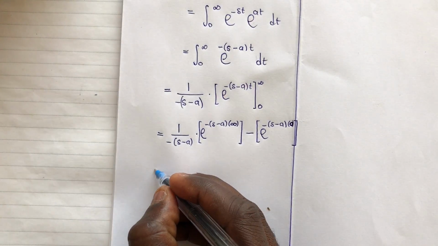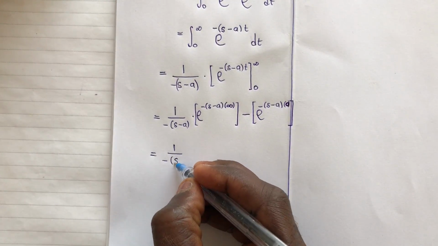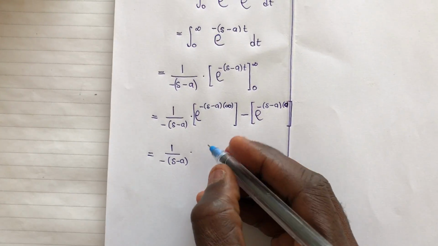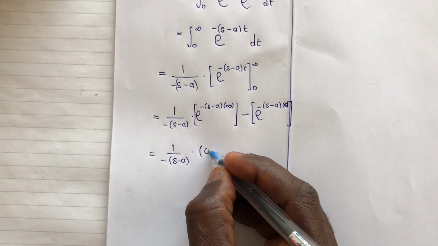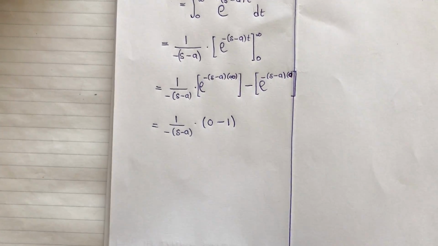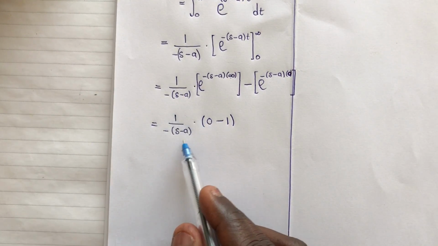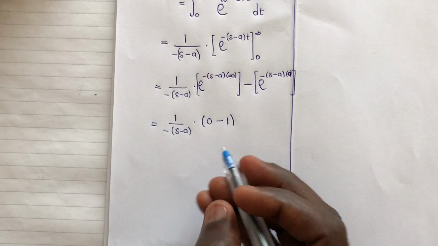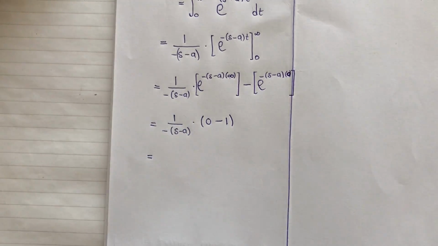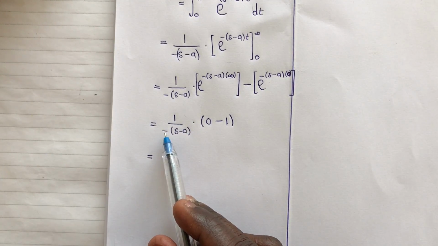But not just an ordinary 1, but a negative 1. So now the result here is equal to 1 over negative s minus a times, now everything we have here is 0 because of this. So we have 0 minus everything we have here is 1. All right. So in your next step, all you need to do is use this to multiply 0. Use this to multiply what? 1. So all the results here times 0 is still 0. We don't need it. So now all the results here is a negative result.